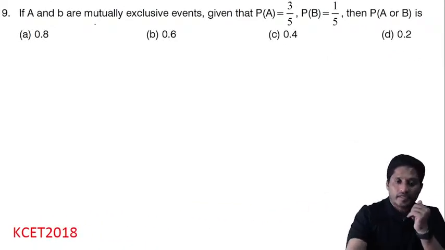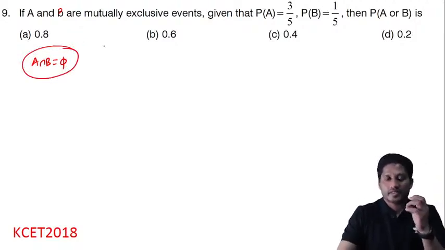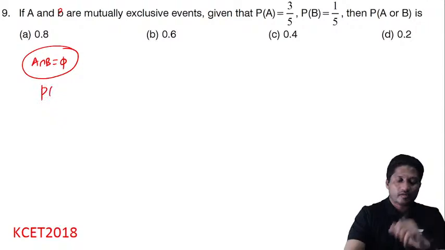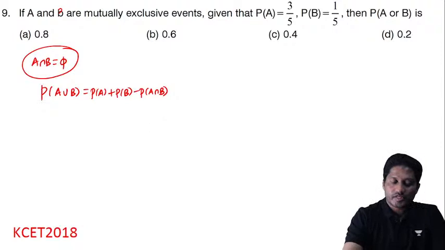The next question. A and B are mutually exclusive, which means that A intersection B is a null set. P of A and P of B are given. I am supposed to find P of A or B. A or B means A union B. Right, P of A union B is P of A plus P of B minus P of A intersection B. Mutually exclusive, null set.